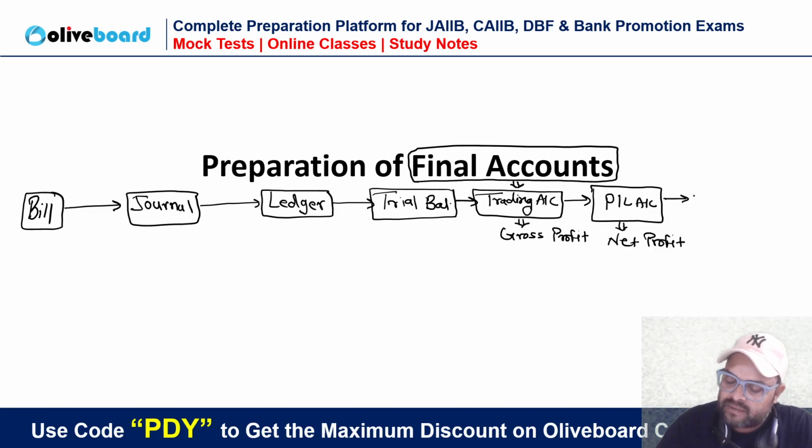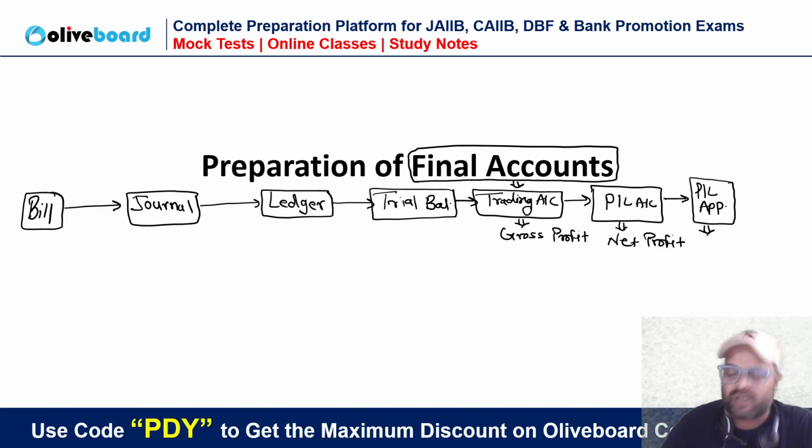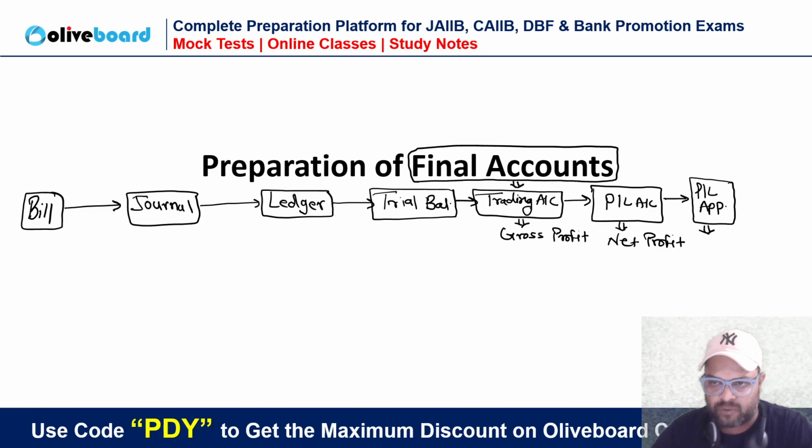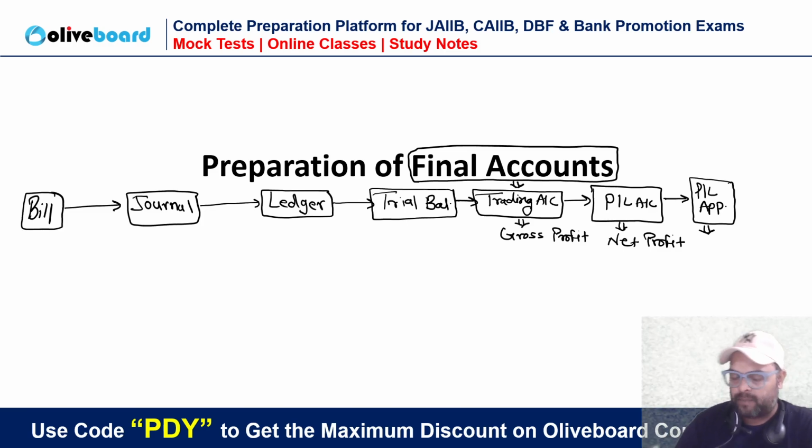After that, company prepares profit and loss appropriation account. That account is not a compulsory one, but if you as a company distribute the dividend, or make some reserves for the future, you need to prepare an appropriation account, because this account shows the distribution of profit.